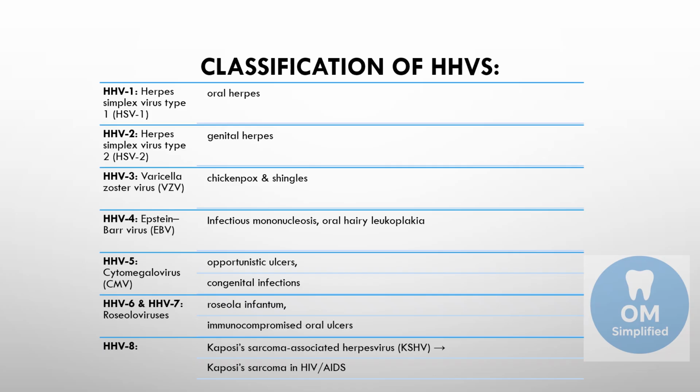HHV6 and HHV7 are roseoloviruses that cause roseola infantum or ulcers in immunocompromised patients. And the last we have HHV8 that causes Kaposi sarcoma, associated with herpes viruses, or Kaposi sarcoma in HIV or AIDS.